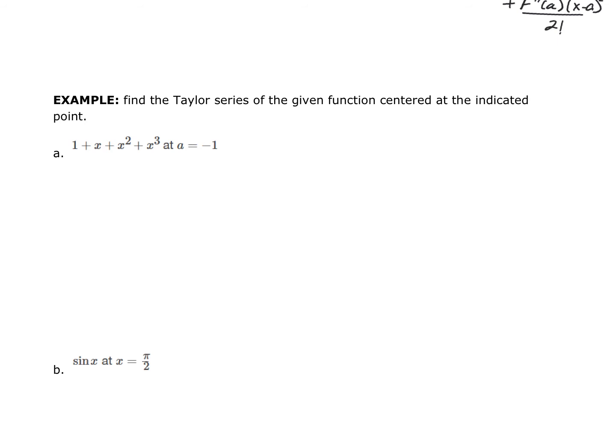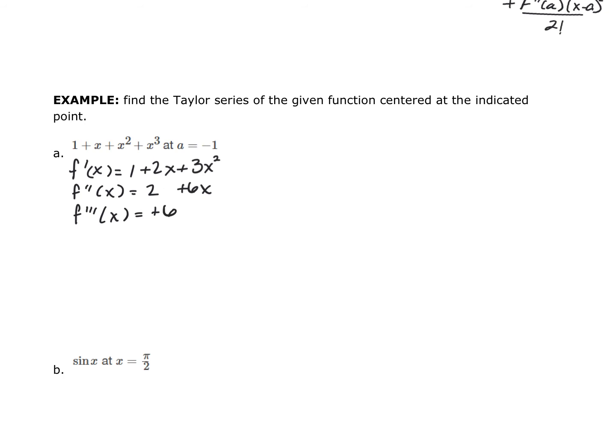Because my Taylor polynomials will require me to find f prime, f double prime, f triple prime, and so on, I'm going to start doing some derivatives and see where I am. So f prime of x is going to be 1 plus 2x plus 3x squared. F double prime of x is going to give me 2 plus 6x. And f triple prime of x is going to give me just 6. And then I can't go any further.